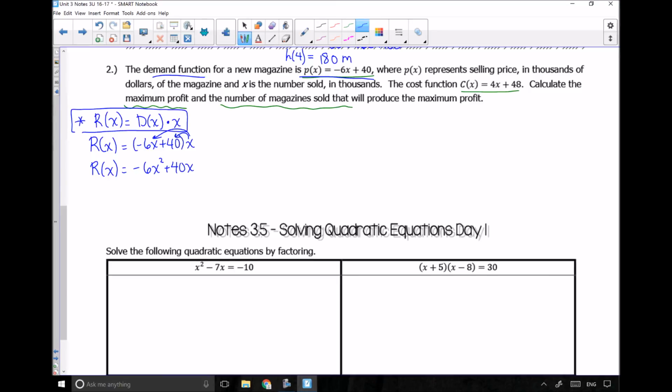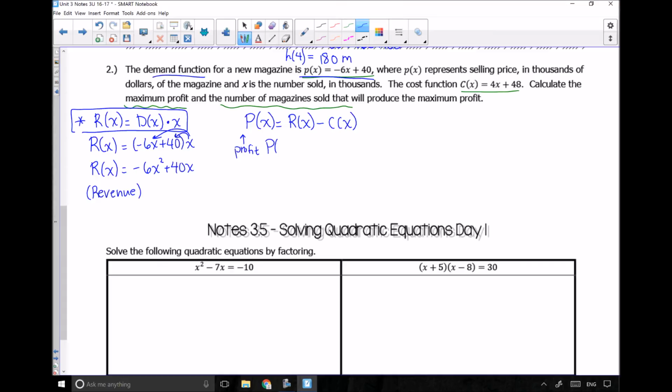All right, awesome. So now we know our revenue. We know how much money we're going to make. But I want to know my profit. To find profit, we'll do capital P of x for profit this time, instead of for our selling price. We know our profit is going to be our revenue minus our cost.